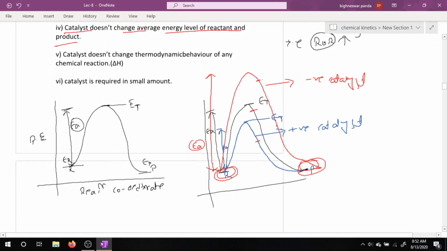So a catalyst does not change the thermodynamic behavior of any chemical reaction, that is, delta H. So delta H for that reaction remains the same whether you use a negative catalyst or a positive catalyst. In order to carry out a reaction, a catalyst is required in small amount. So these are all the basic features of a catalyst.